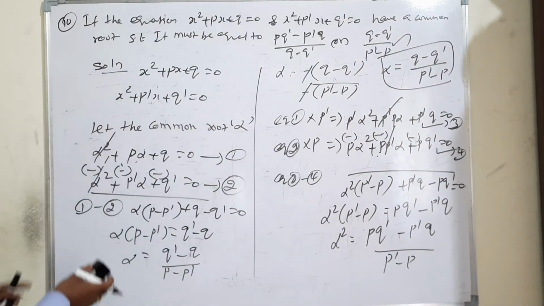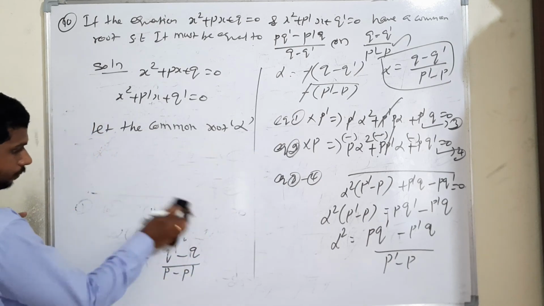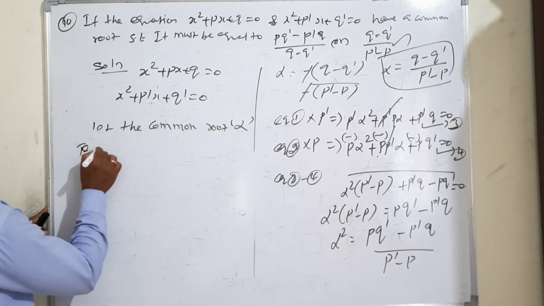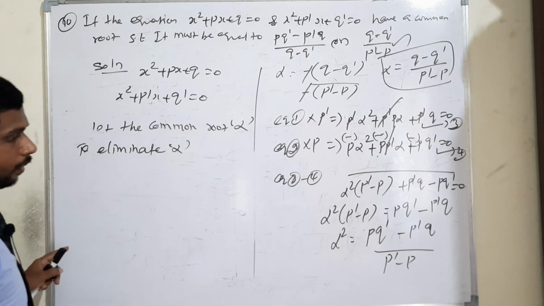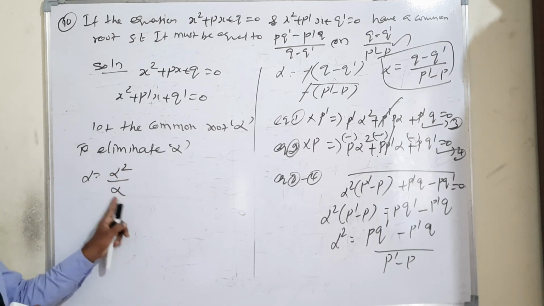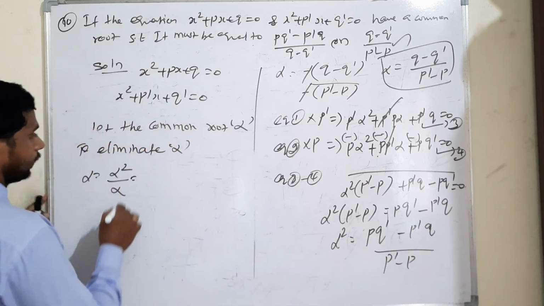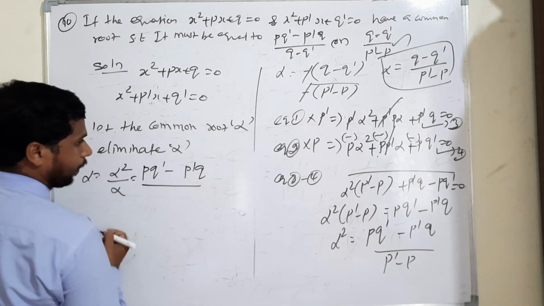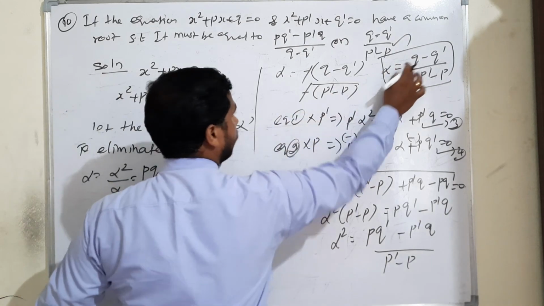Now we can eliminate alpha. To eliminate alpha, alpha is equal to alpha square by alpha. Then only alpha square, one alpha cancels, and alpha will come. Alpha square is equal to p q dash minus p dash q divided by p dash minus p, divided by alpha, whose value we already know: q minus q dash divided by p dash minus p.